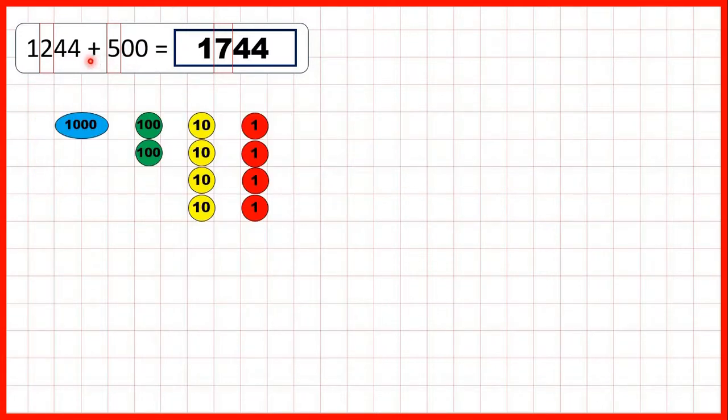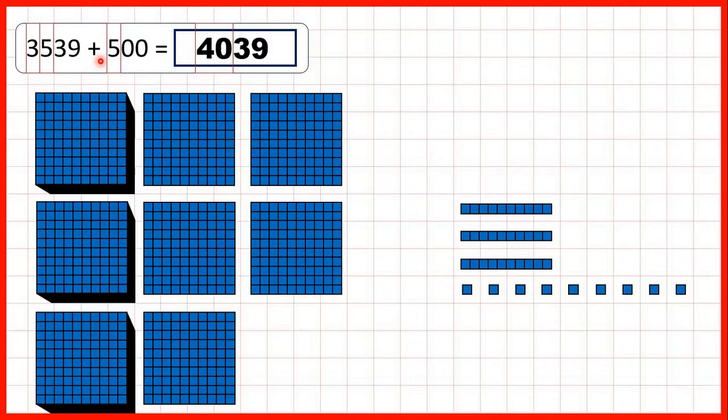Or if we show place value counters, again we're starting with 1,244, and because we're adding 500, all we need to add is 500 counters, and that gives us 1,744 as our answer.